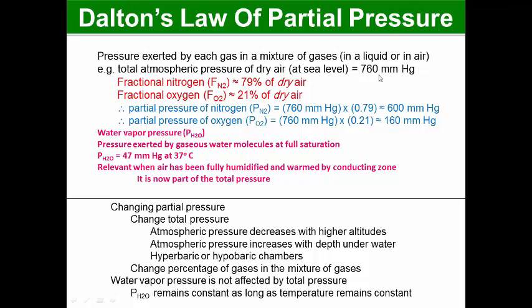What is the meaning of this? If we have a container of mercury and an inverted tube, the atmospheric pressure would exert a force on the surface of the mercury, and the mercury would rise in the inverted tube up to 760 millimeters of mercury. This is the way we measure the atmospheric pressure, by the manometer.